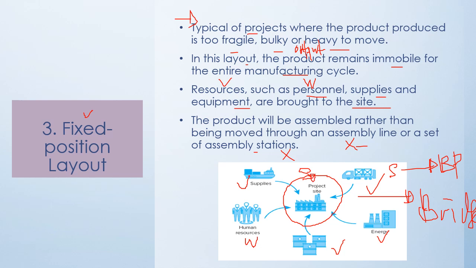So this is where the project is located. So there is no assembly line. So fixed position layout is actually, fixed here refers to the immobility of the output. Okay, output tu tidak bergerak, berada di situ. So it is a temporary layout just to finish one particular project.